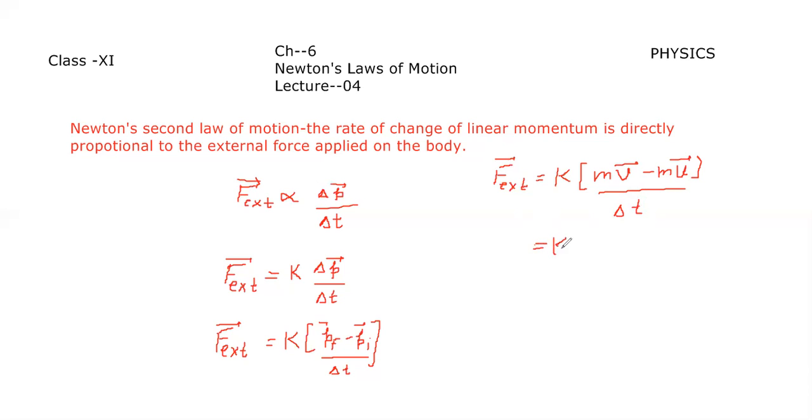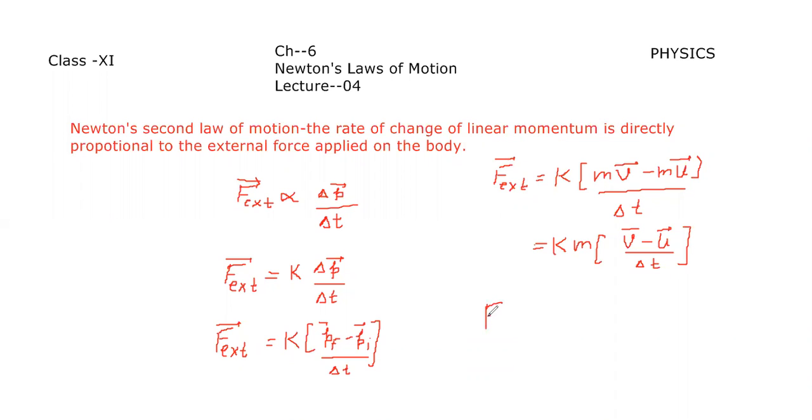So we can write k m (v minus u) upon delta t. What is v minus u upon t? That is equal to small a, acceleration.